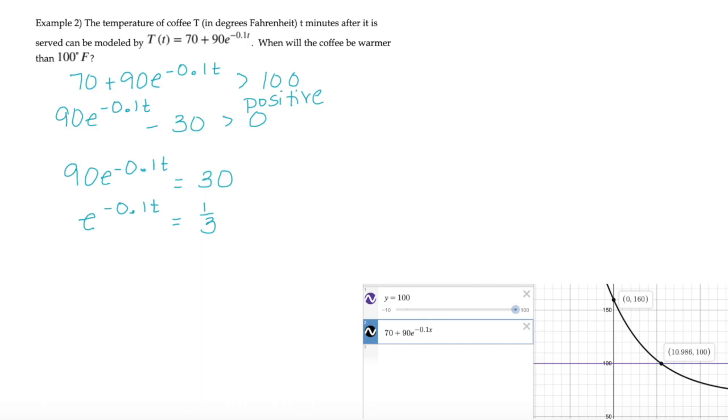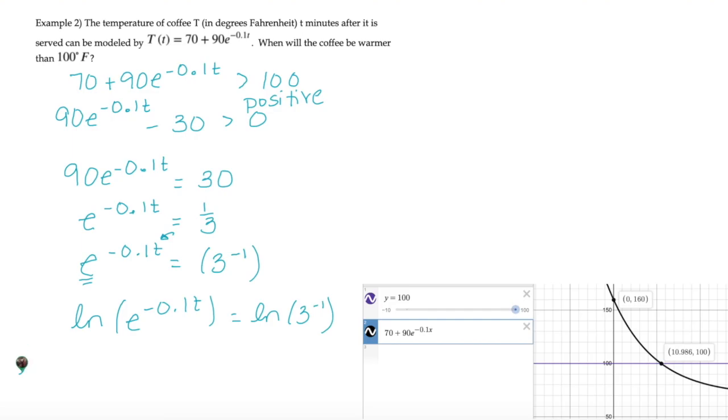I also know that 1/3 can be rewritten as 3 to the power of negative 1. To undo this e so that I can solve for t, I'll apply the natural log to both sides. I know that the natural log is the same as log base e. So when I have the bases that are equivalent together, they end up undoing one another.